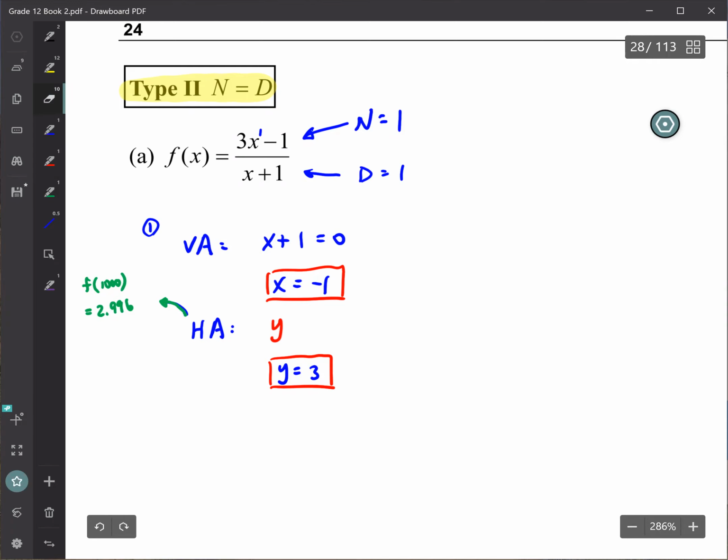Let me erase this one. Okay, so y equals to quotient. Quotient means dividing, right? Quotient of coefficients of the leading term.